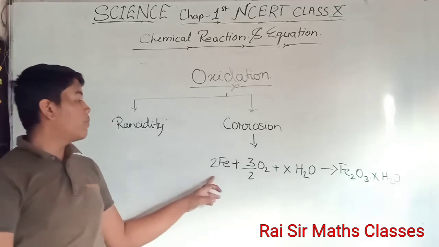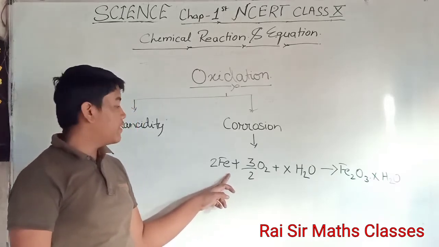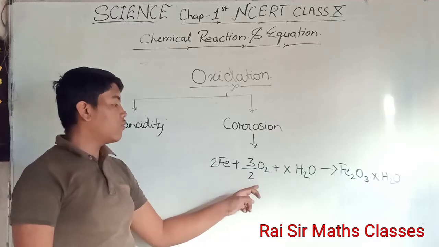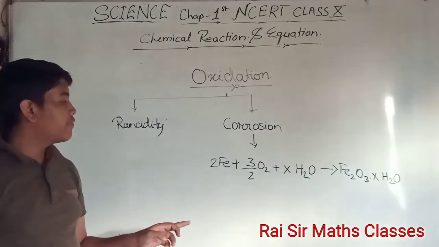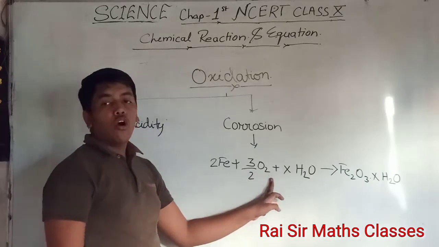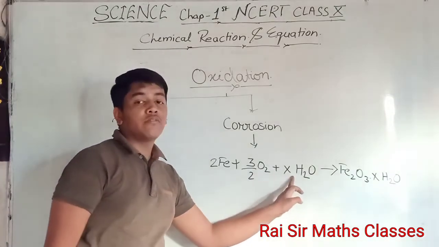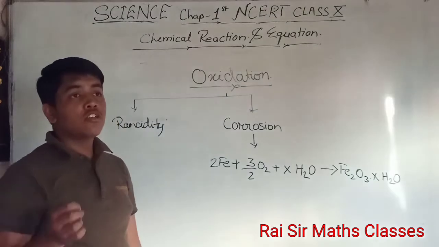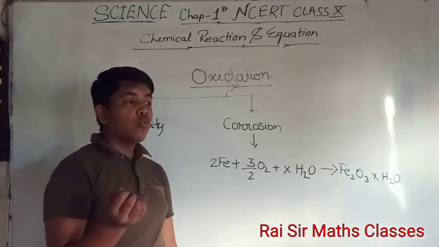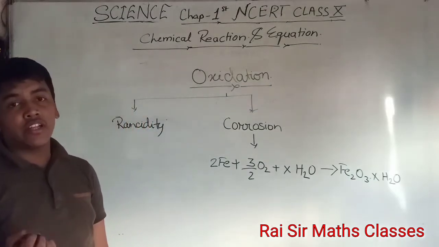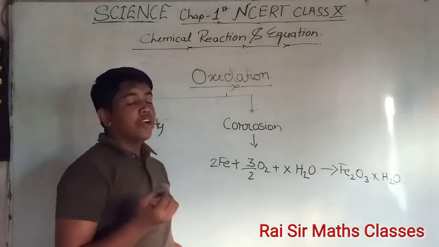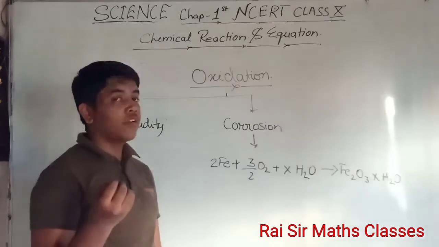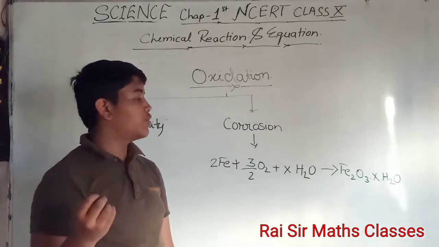In this, two particles of Fe, that is iron, will react with 3/2, that is 1.5 particles of oxygen plus x H2O. Why are we using x here? The more water it gets, the more rusted or more useless it becomes.